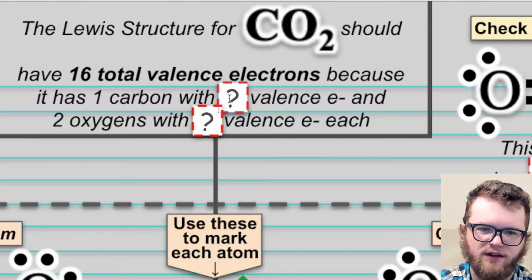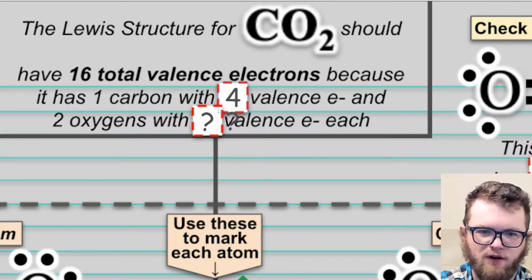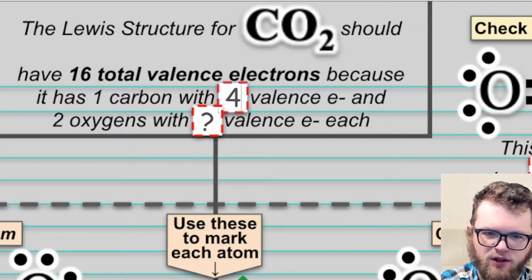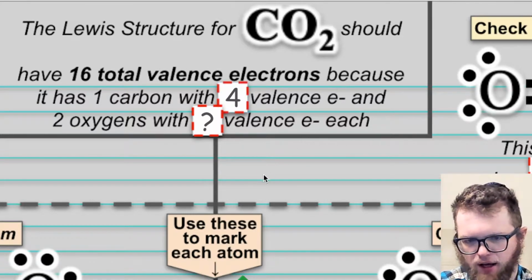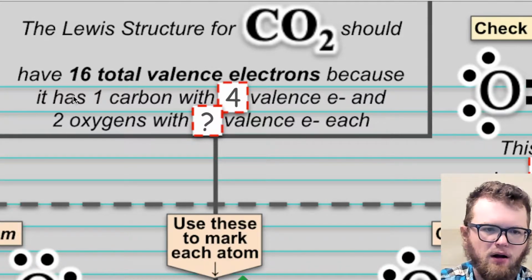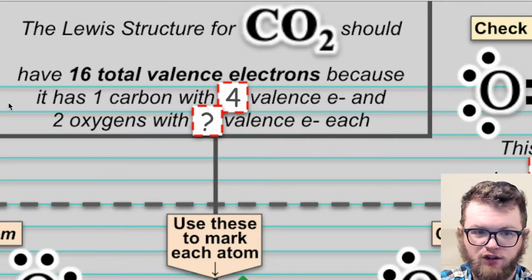You'll notice that this fill in the blank has a question mark in it right now. If we just type in 4, the question mark will still be there. So we have to go in and delete the question mark as we make our 4. So the Lewis structure for carbon dioxide should have 16 total valence electrons because it has 1 carbon with 4 valence electrons and 2 oxygens with blank valence electrons each.